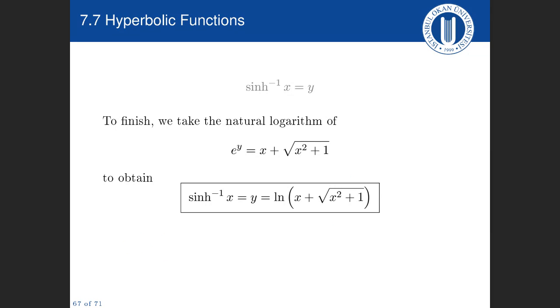So far we've got e to the power y is equal to x plus the square root of x squared plus 1, and we want y. So we'll take the natural logarithm of both sides. Inverse sinh of x, which is the same as we started with saying it was y, is then ln of x plus the square root of x squared plus 1.